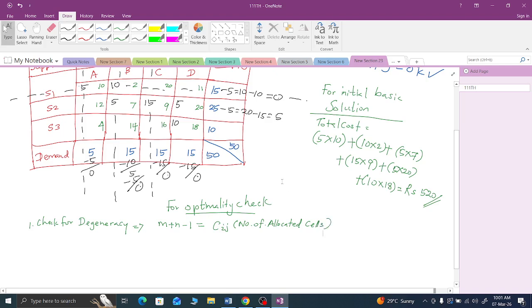Allocated cells we also call basic cells, right? So allocated cells mean we allocated 5 here, 10 here, 5 here, 15 here. These are allocated cells. Other cells are called non-basic cells, where we are not allocating anything. So these 1, 2, 3, 4, 5, 6 cells are allocated cells, which we call basic cells.